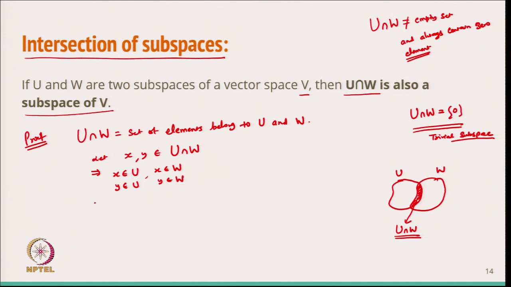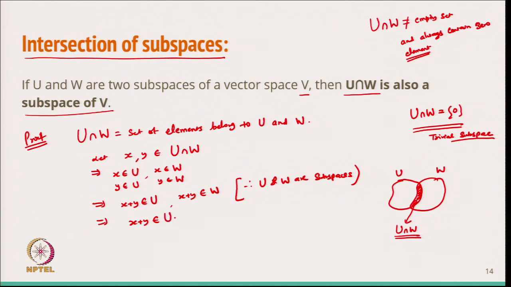So, x plus y also belongs to U, because U is a subspace, and x plus y also belongs to W, because W is a subspace. So x plus y belongs to U intersection W, because it is contained in both. So, the vector addition is satisfied.